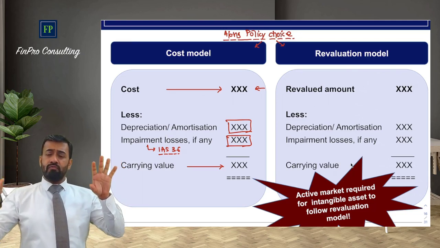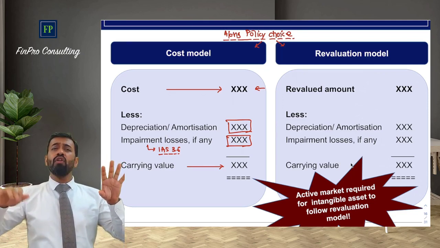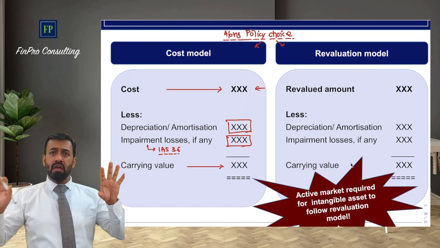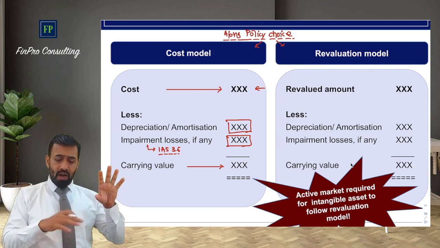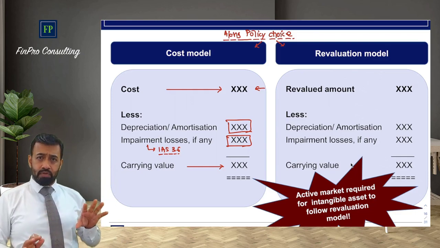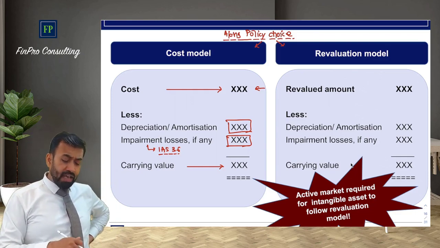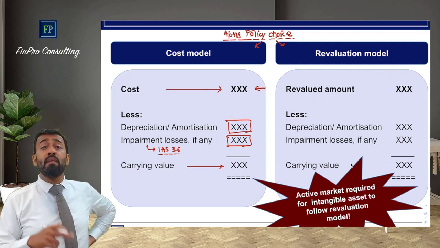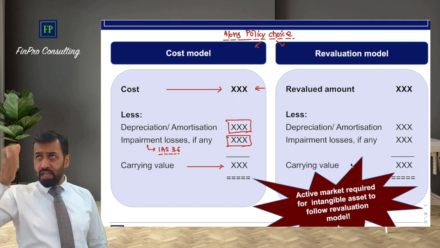We may not discuss the disclosures separately and elaborately. Disclosures are not very important in the examination. So whichever disclosures are important, I'm going to discuss them while we are discussing the concept itself. This type of reconciliation of gross block, accumulated depreciation block and net block is also required in the notes to accounts for each class of asset.